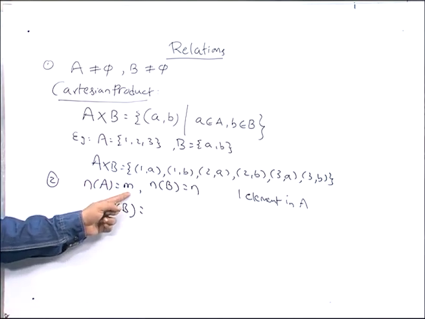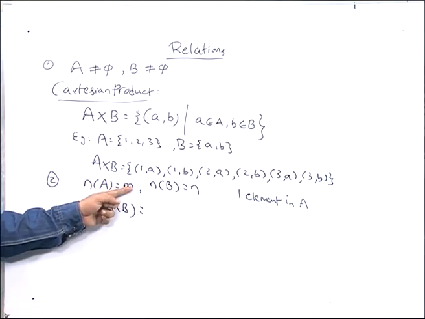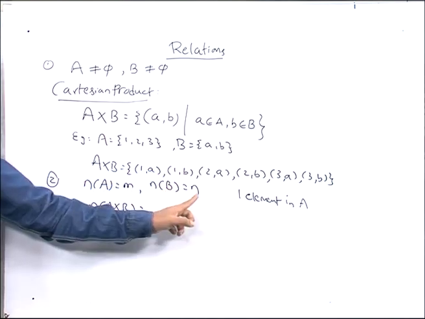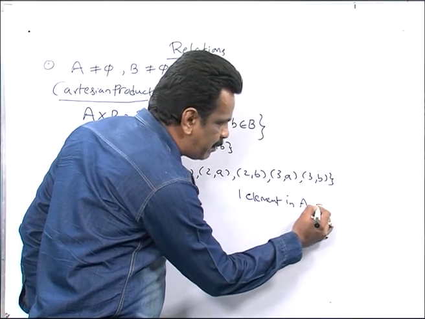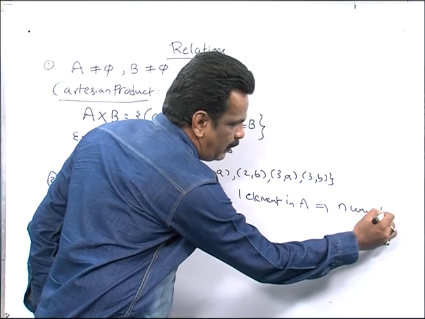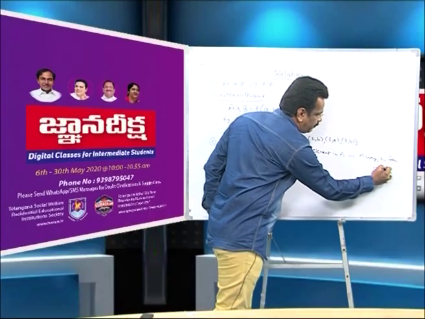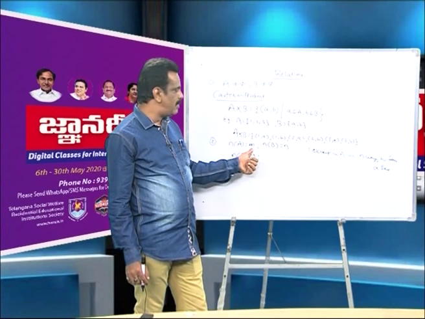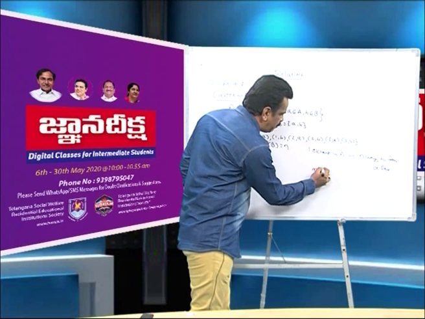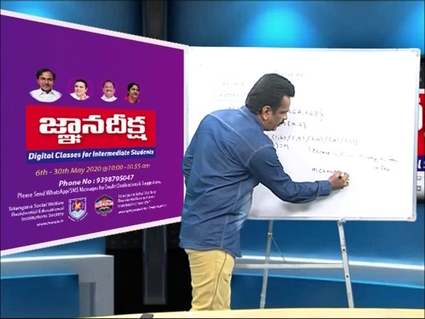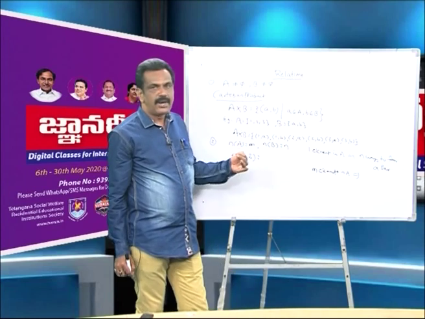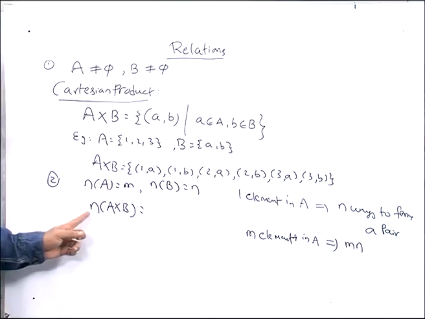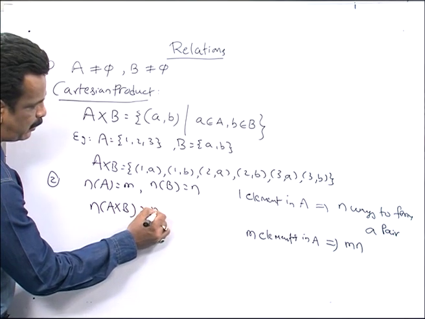As A has m elements, if you take any element in A, you can connect that element with each element of B. As n(B) equals n, one element in A implies n ways to form a pair. So one element is giving n ways to form a pair, but here there are m elements in A, and hence the number of possible ordered pairs is m into n. So in total, n(A cross B) will have m into n elements.